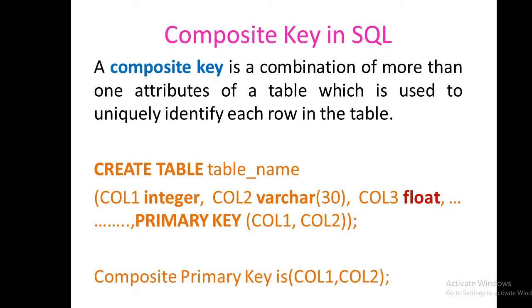At last we can declare PRIMARY KEY in brackets, column 1 comma column 2. We can have different data types for the individual attributes of a composite primary key. For example, column 1 here is an integer data type, whereas column 2 is of varchar. So this table will have the composite primary key as column 1 comma column 2.